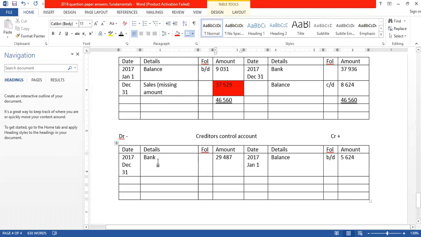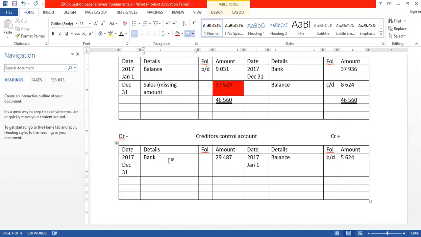Because of the double entry principle. There are two accounts involved in this transaction. The first account is your bank, which is decreasing, and the second account is your creditors control account. The bank ledger account is the one that you are given in the question.